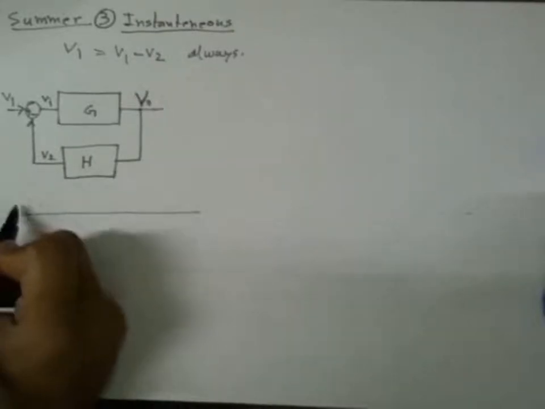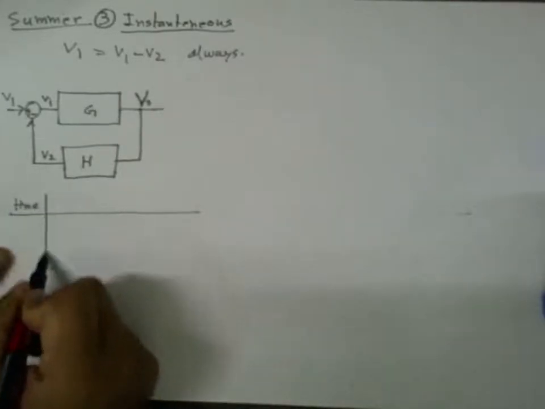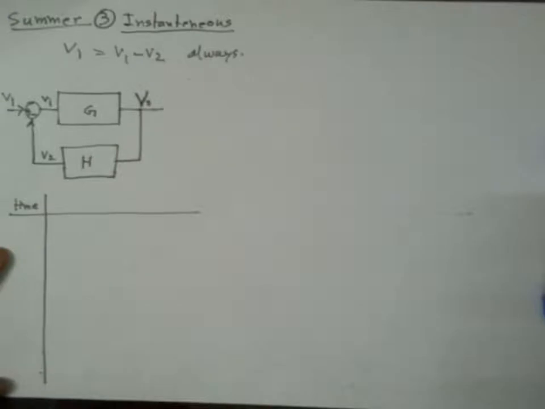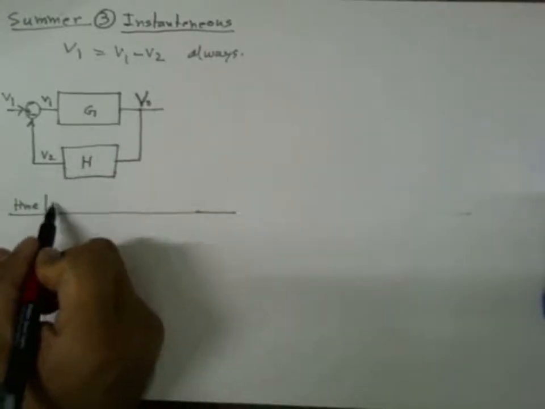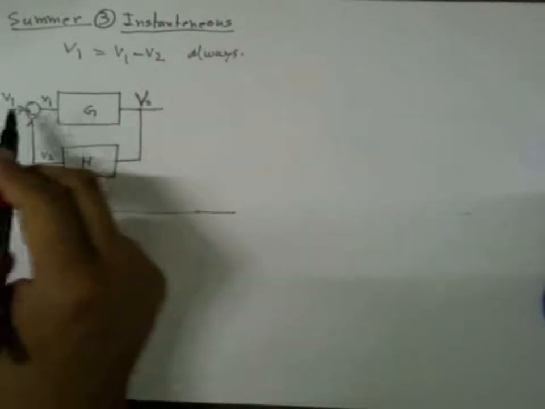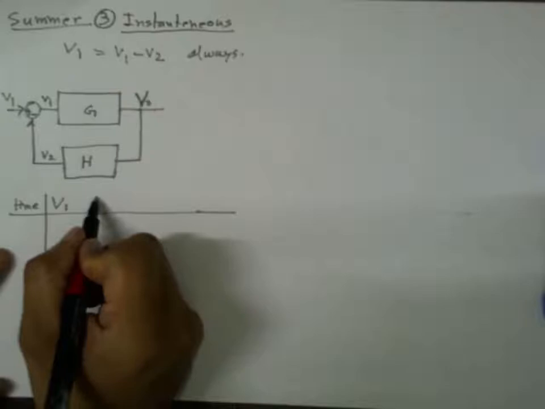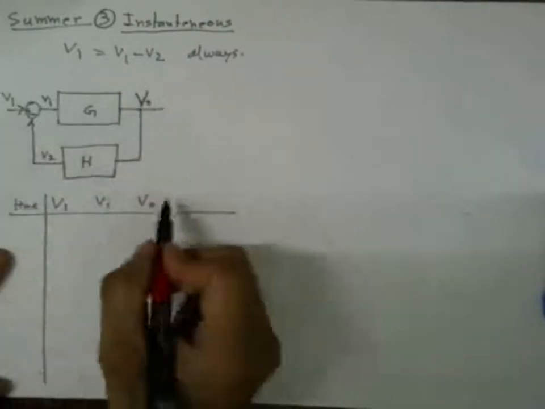The first column will be time samples, and then I will have all these things: V1, Vi, VO, V2.